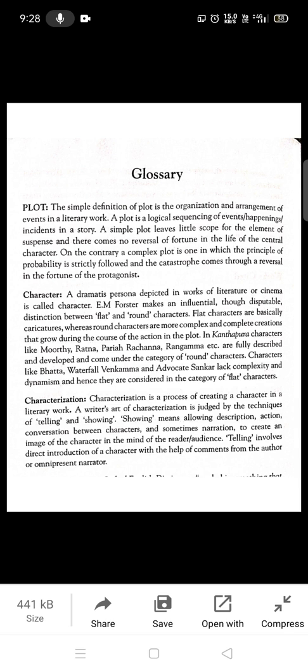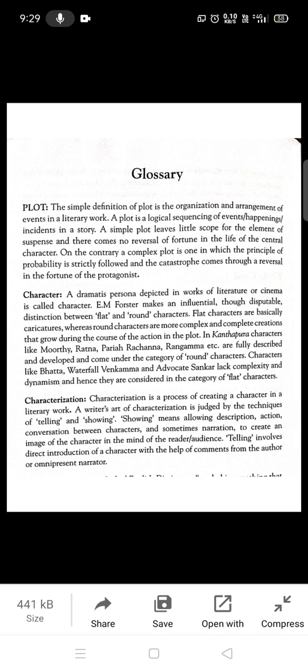Then the rising action, then climax, then falling action, which moves towards the conclusion, and that is resolution or denouement. So please do understand the distinction between a story and a plot.